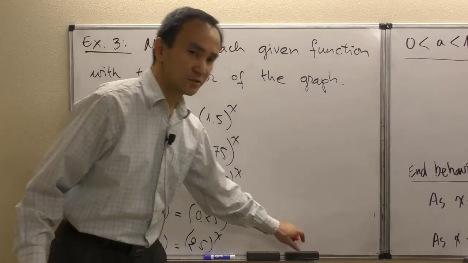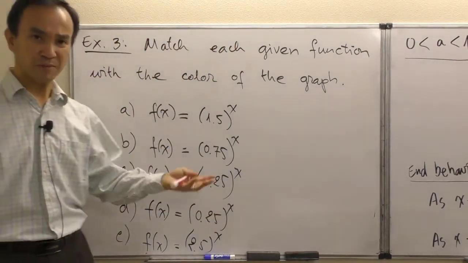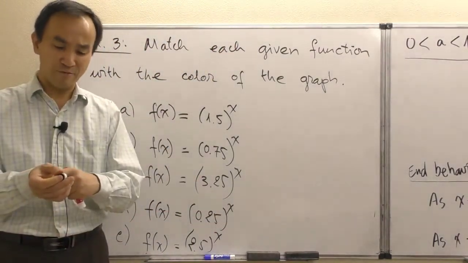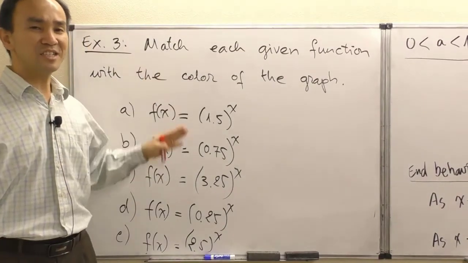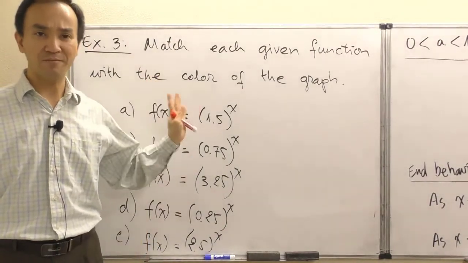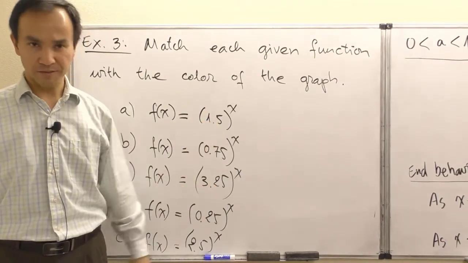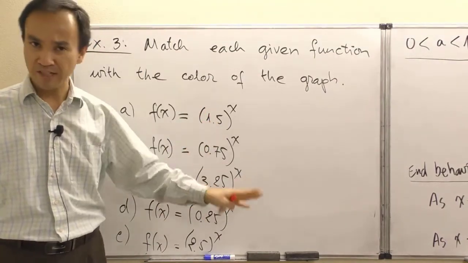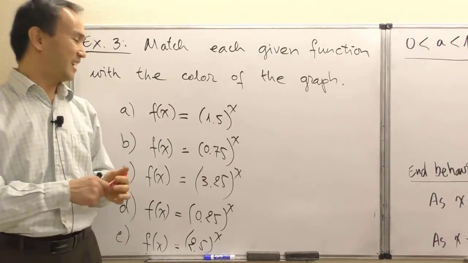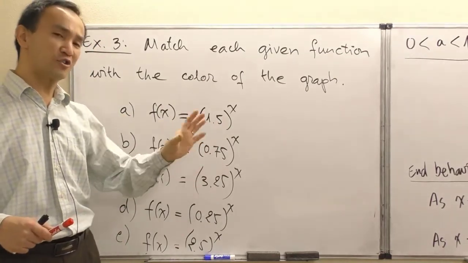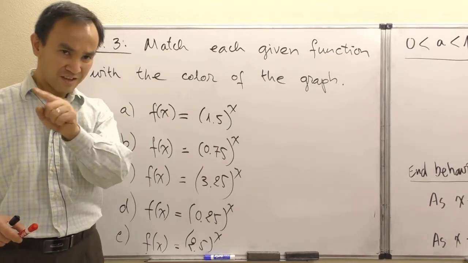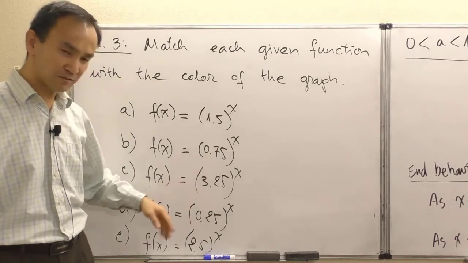So what I have here is not 5 separate problems, it's really just one problem, a list of 5 different exponential functions of different bases. Some base is above 1, some base is below 1. And these are all in the basic form a to the x, where a is a positive number.